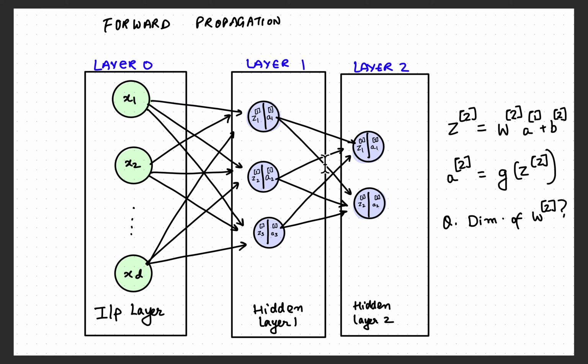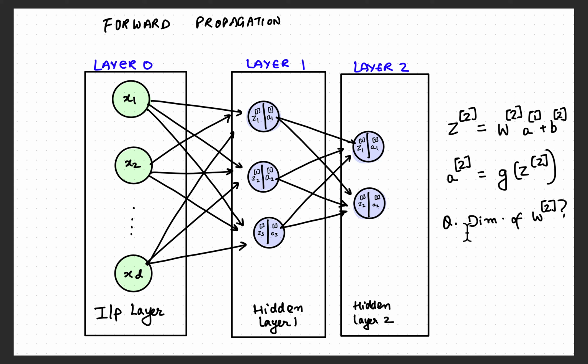We are trying to do the same calculation for layer number 2, so we can just vectorially write that z square bracket 2 is equal to capital W square bracket 2 multiplied by a square bracket 1, which, as you've seen, is a 3 cross 1 matrix or a three-dimensional vector, plus the bias vector for layer number 2, which is now two-dimensional because we have two nodes in layer number 2.